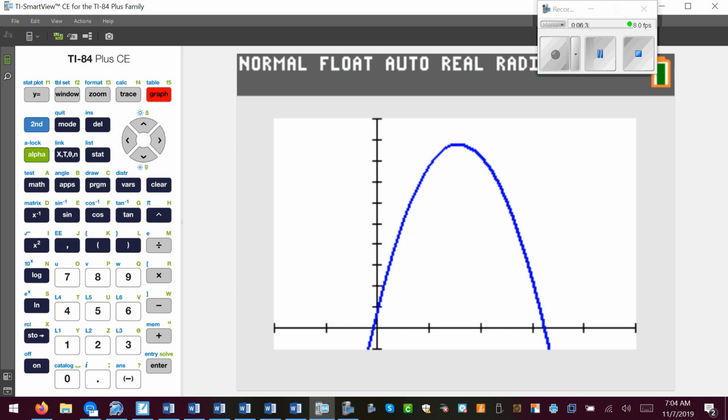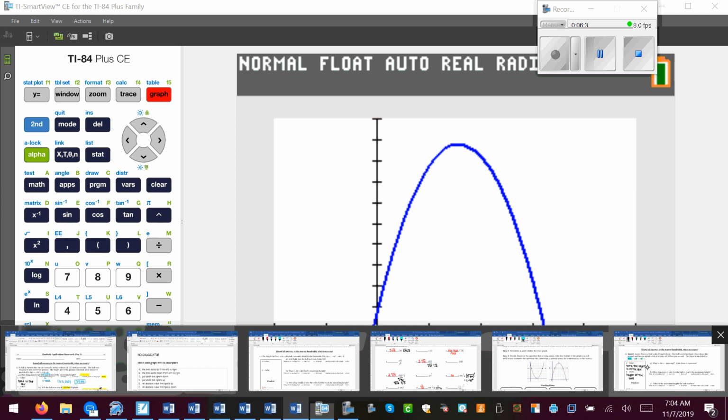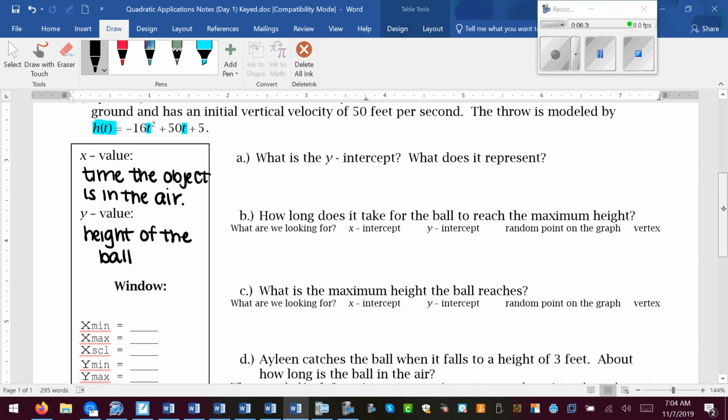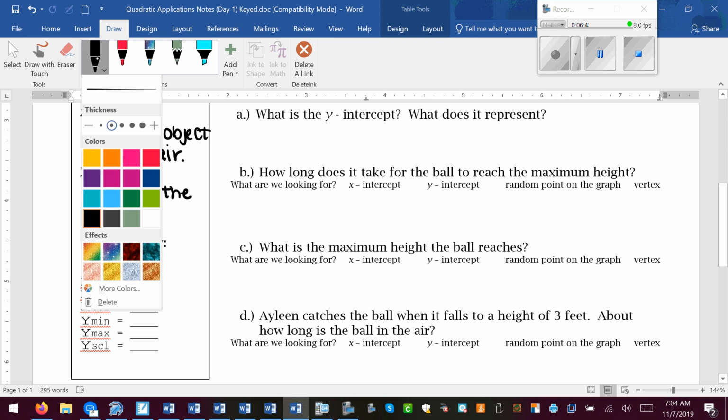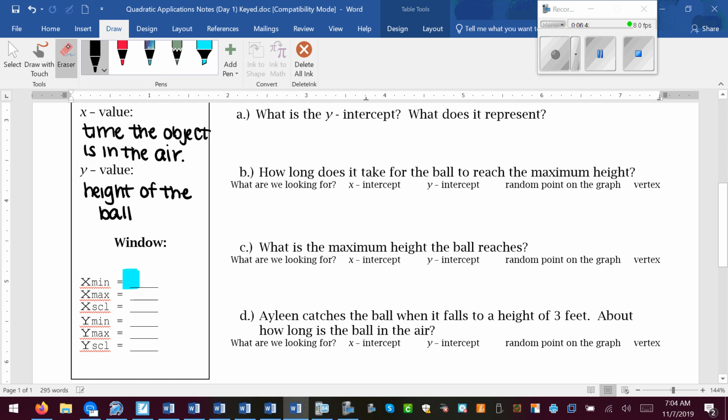So I'm very happy with this window. I'm going to go and copy it down. We went from -2 to 5 and counted by ones, and then -5 to 50 and counted by fives.